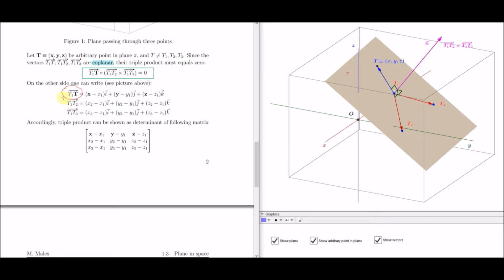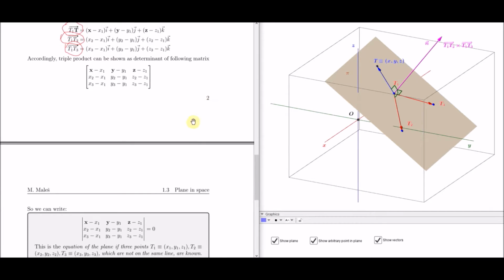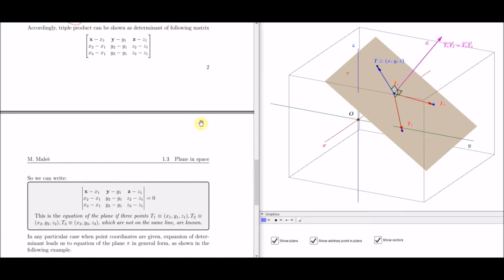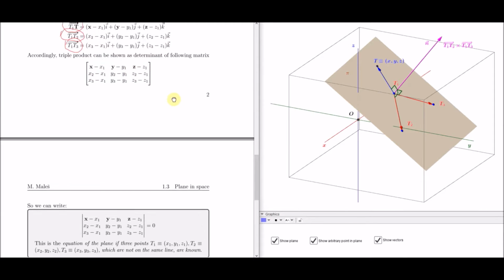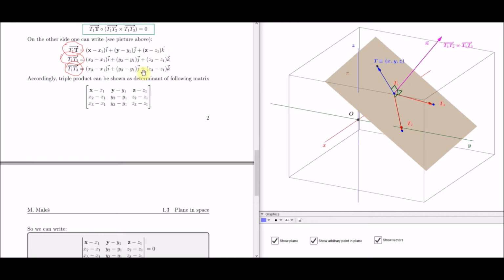Same for the other vectors. One more thing that we should already know is that the triple product of these vectors can be represented as the determinant of the following matrix. In the first row, we place the coordinates of the first vector. In the second row, the coordinates of the second vector, etc.